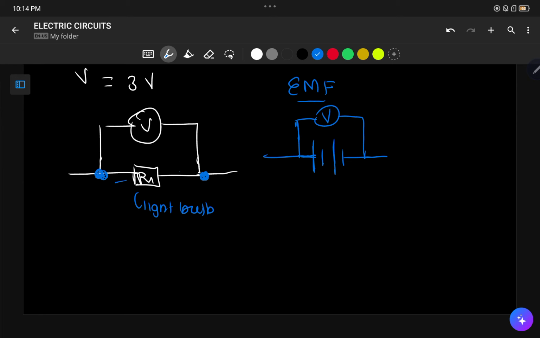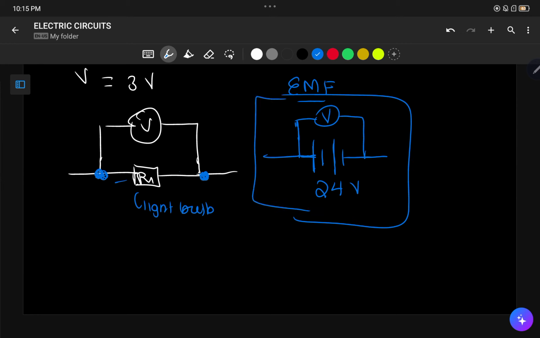So, in simple terms, when they refer to EMF, they refer to the maximum energy that a specific source can provide. Let's say, for example, a battery can provide 24 volts of energy for the electric charges to be pushed. That is what is referred to as an EMF. This is not a complete circuit, because there aren't any other components of an electric circuit.